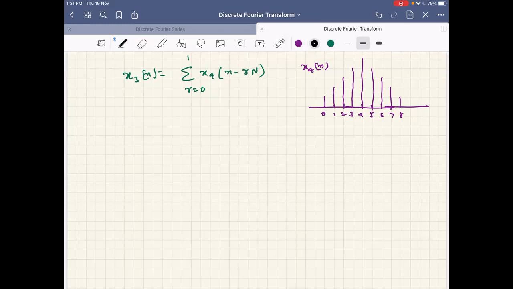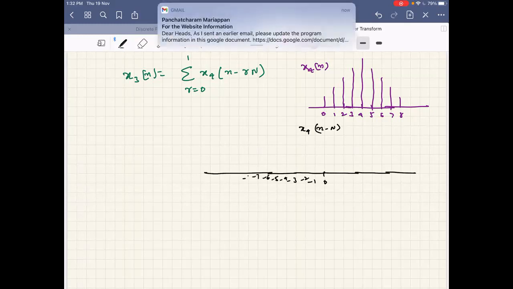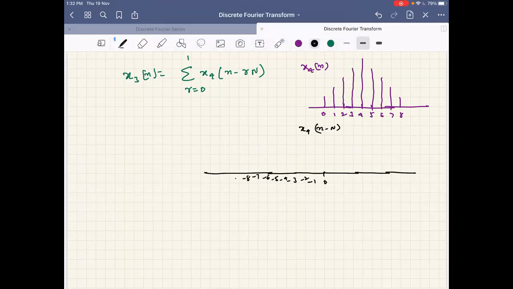So it is x4 of n minus, r equal to 1, right? N minus n. That means where should it start? Okay, this is 0, then minus 1, minus 2, minus 3, minus 4, minus 5, minus 6, minus 7, minus 8, minus 9.